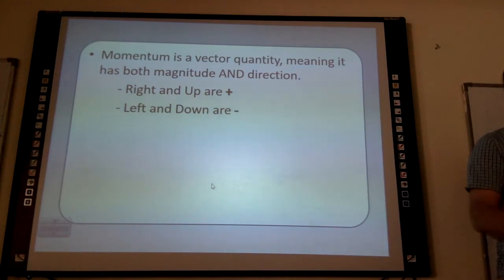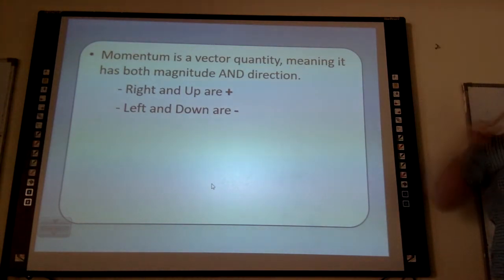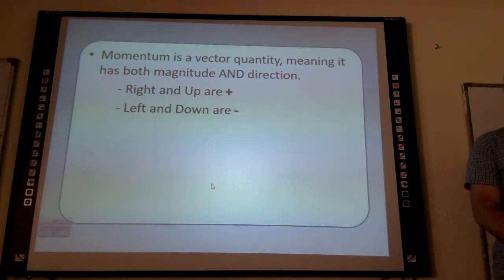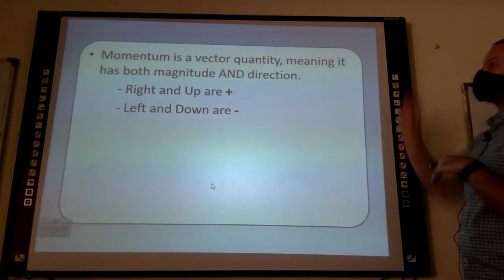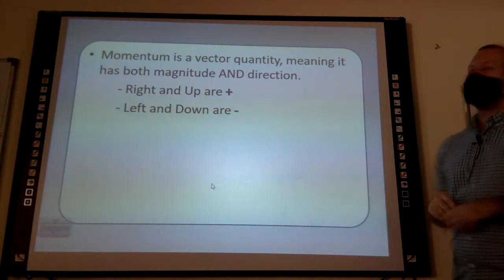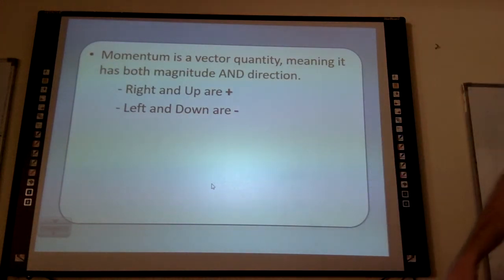This is just traditionally how we've treated it. This is the same as your x and y axes. If you think about positive x, it's to the right, negative x is to the left, positive y is up, negative y is down. We just continue on this tradition in physics, just because this is so common.